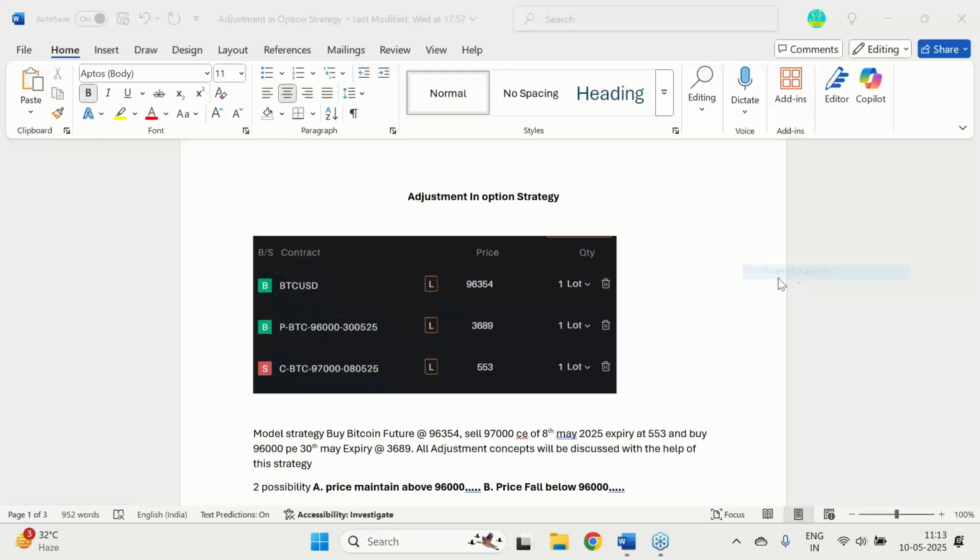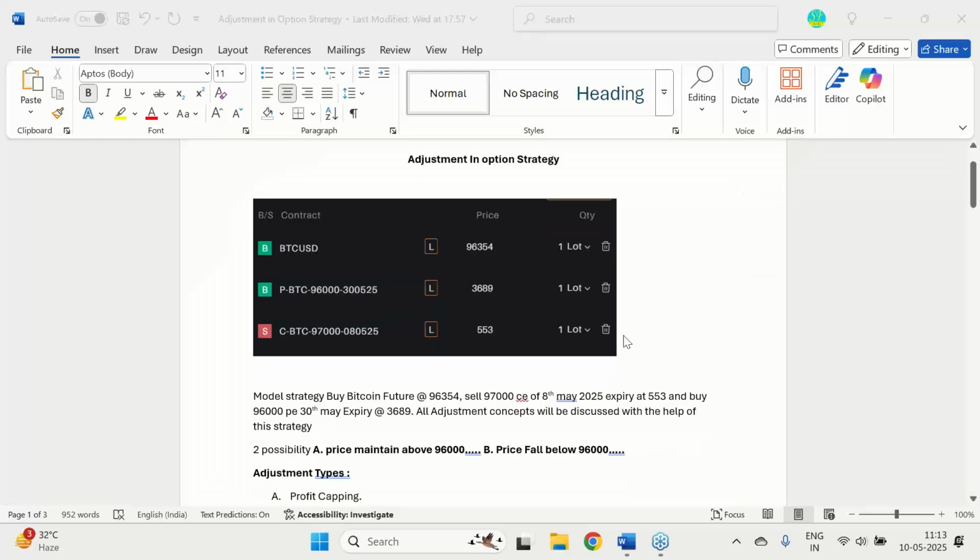So this is the strategy I have taken. This strategy has two probabilities. Maybe the prices will stay above 96,000, or the price may fall below 96,000.